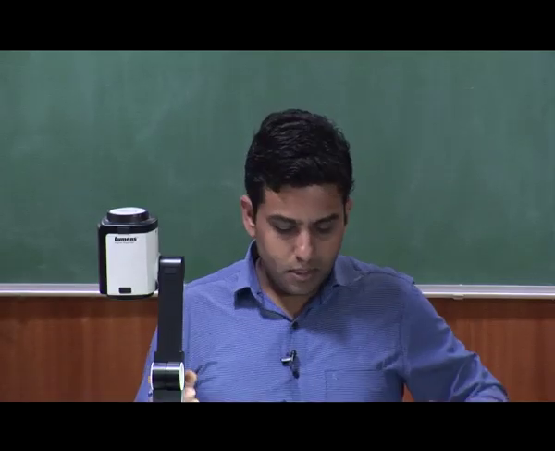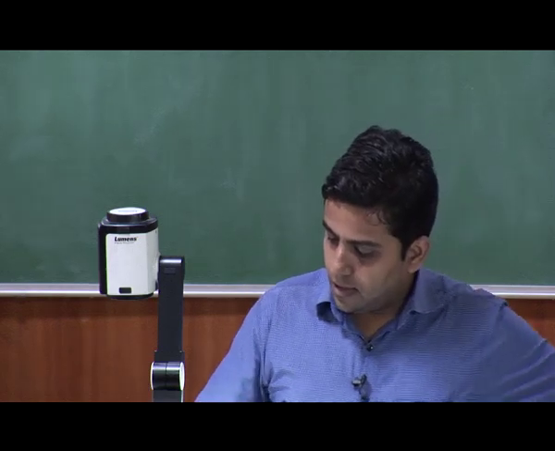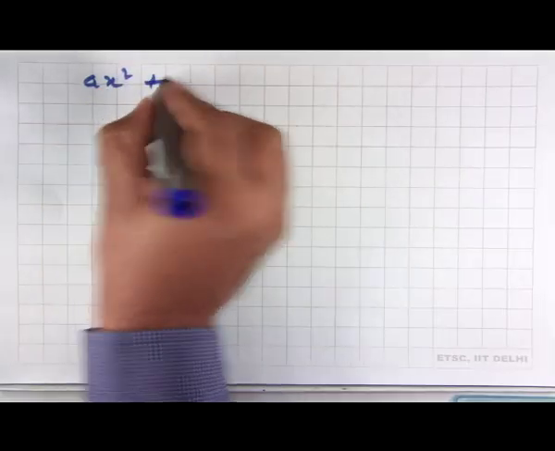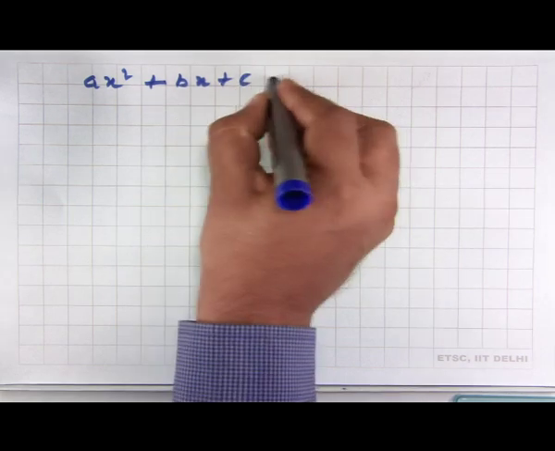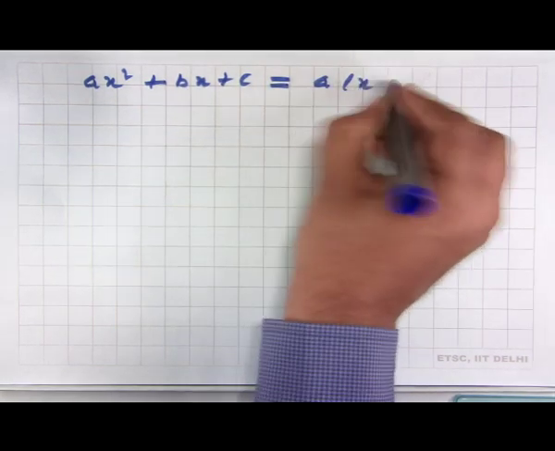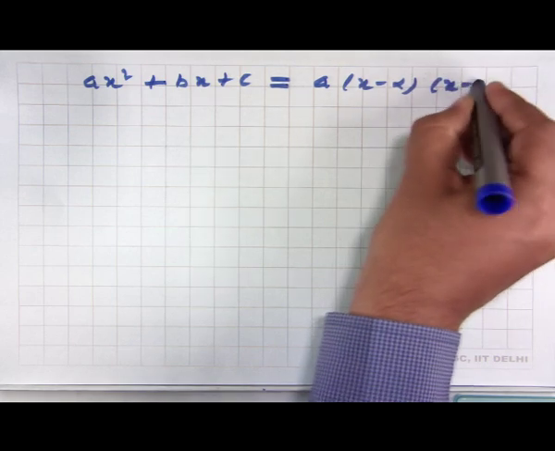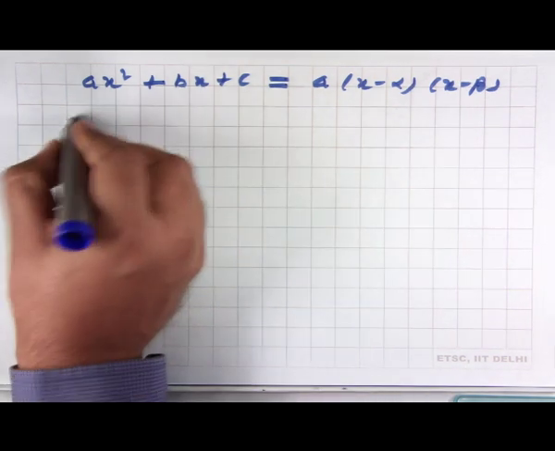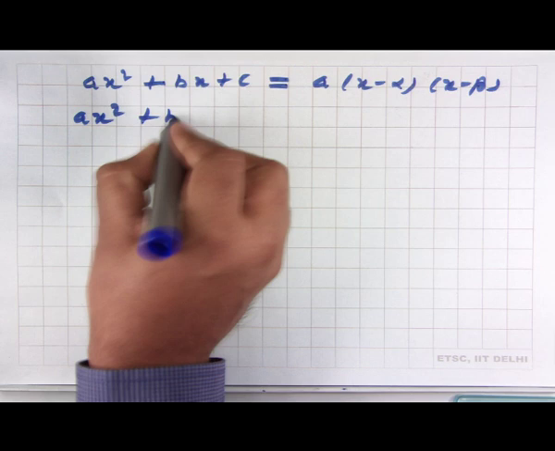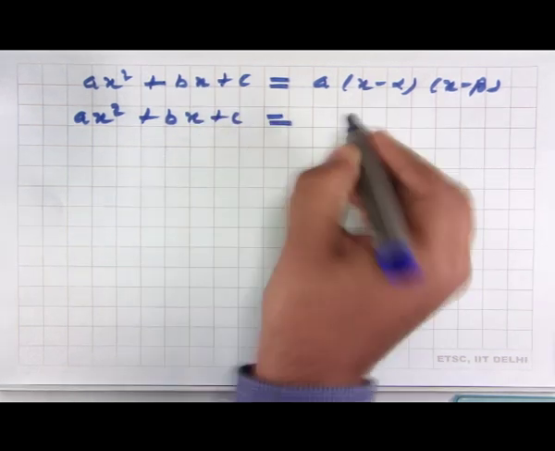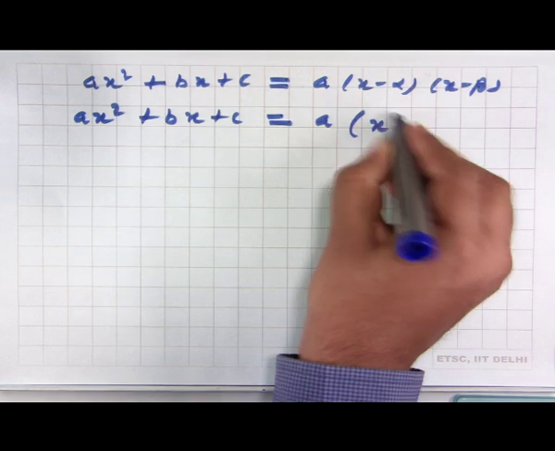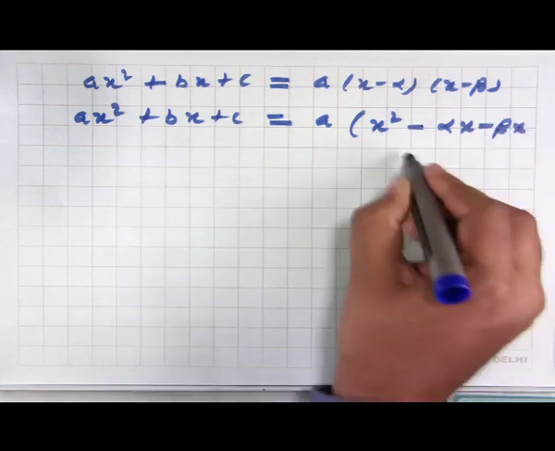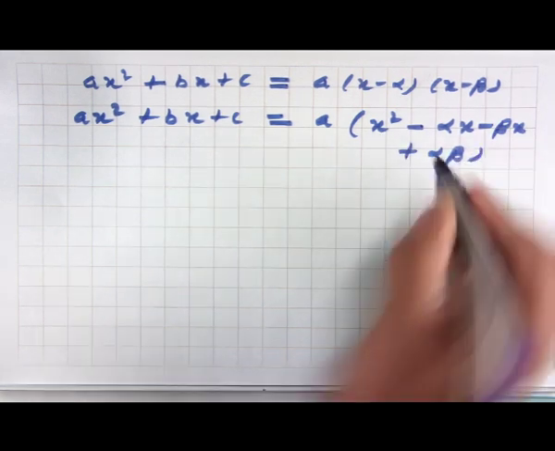Now ax square plus bx plus c equal a(x minus alpha)(x minus beta). Now if we multiply in the RHS, it will be x square minus alpha x minus beta x plus alpha beta.